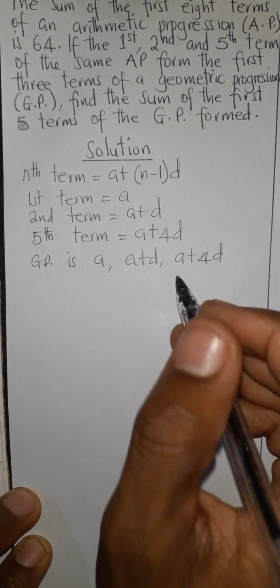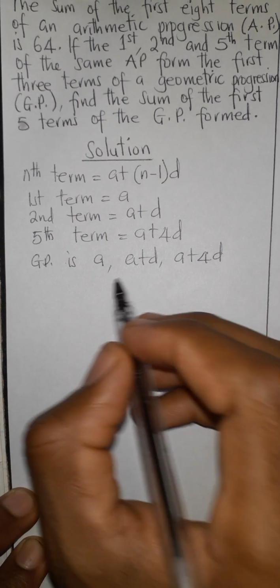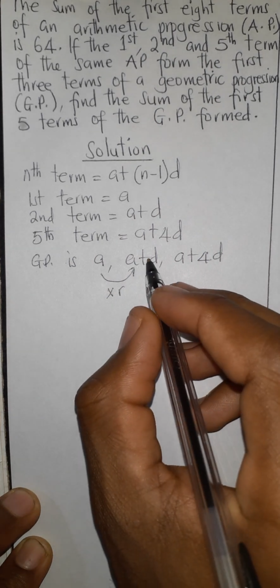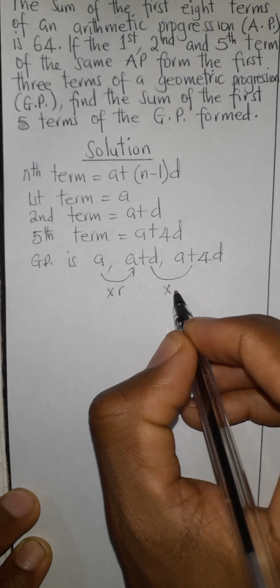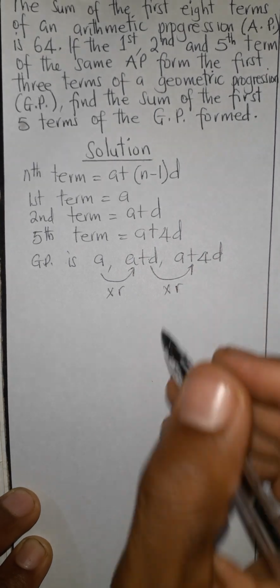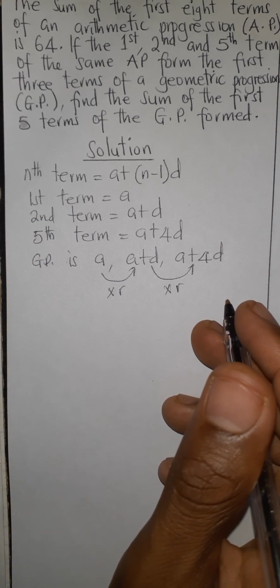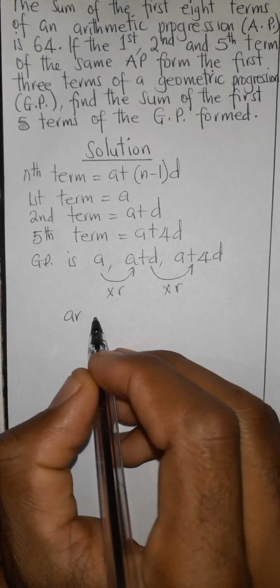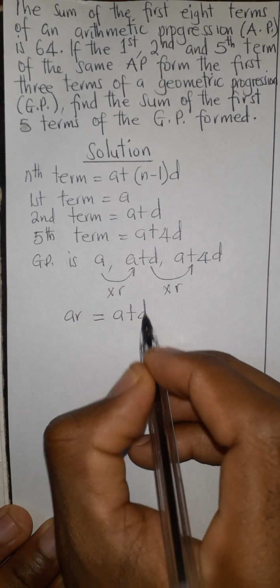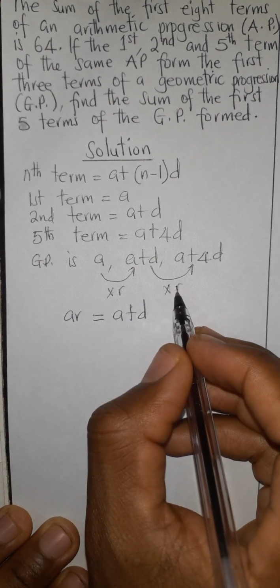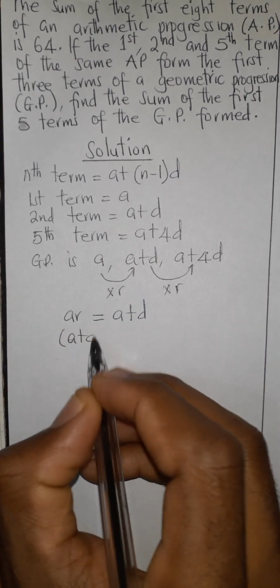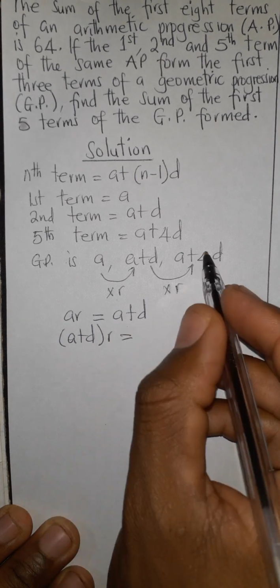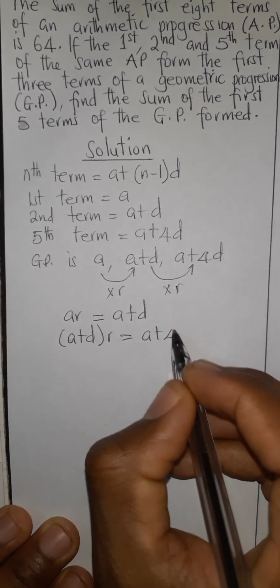Then in GP, we say that to get the next term, we multiply by common ratio. That means the first term times common ratio R is equal to the second, and the second times common ratio R is equal to the third. So A times R equals A plus D, and A plus D bracket R equals A plus 4D.